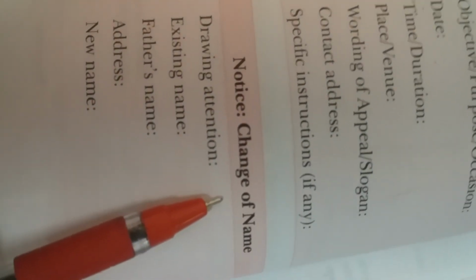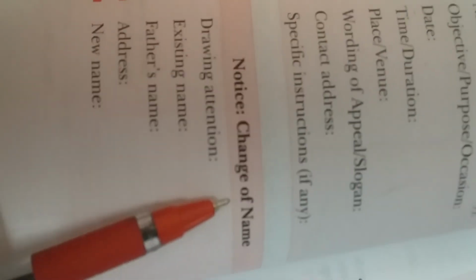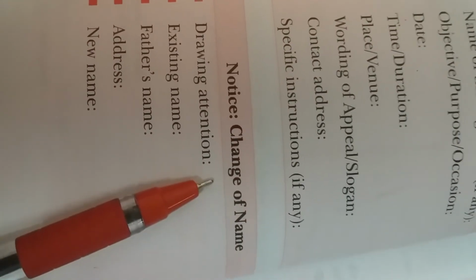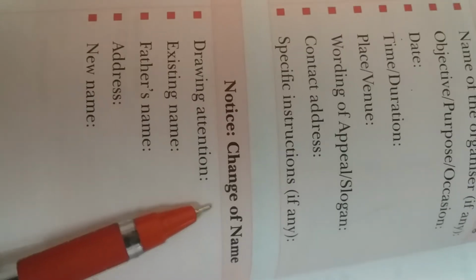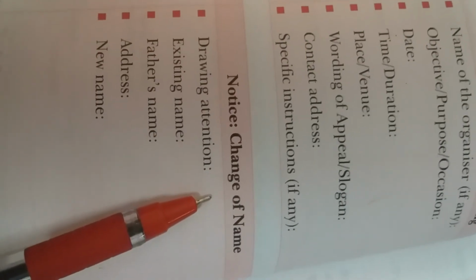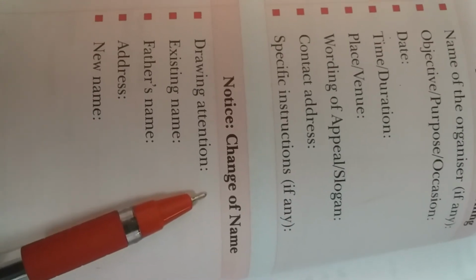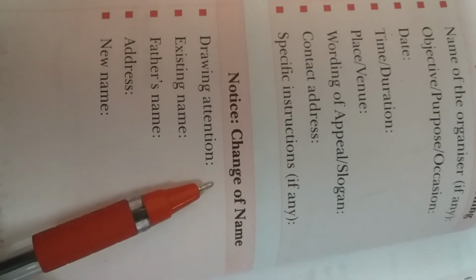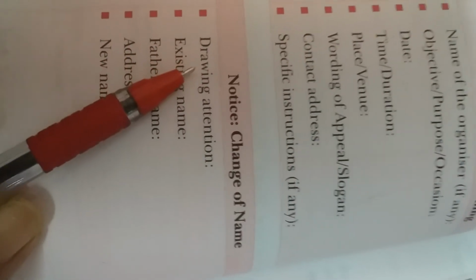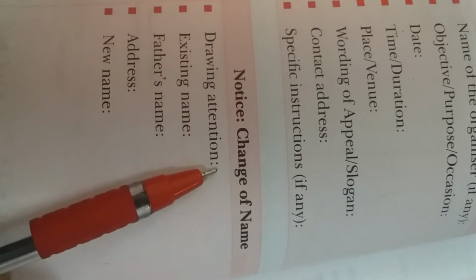Now you may be thinking why a notice is required for the change of name. It is required because a person cannot change his or her name without legal permission. We have to draft a notice to bring it to common people before changing the name. So it should open by drawing attention.